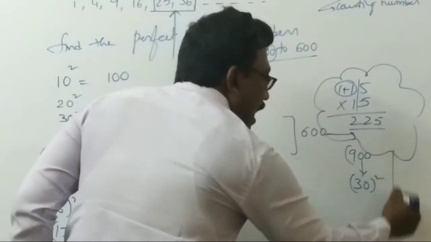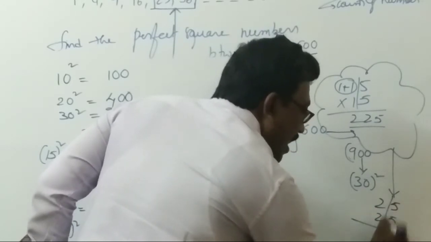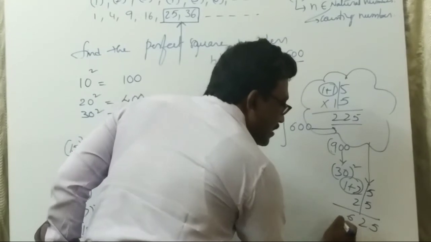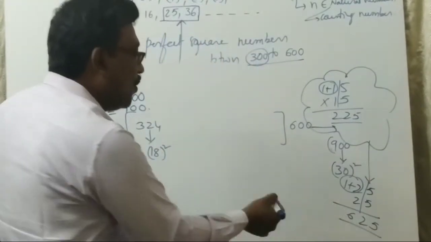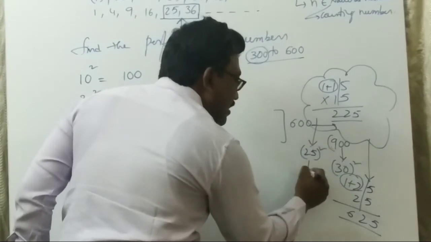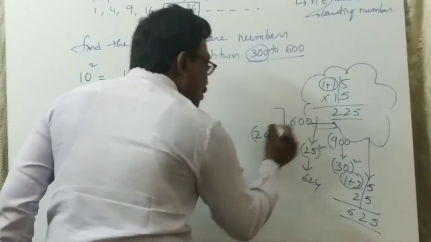Before 30, I am checking this rule once again. 25 into 25. 5 5s are 25. Add 1 to this number, then it is 625. So 25 square is 625. So definitely it will be now 24 square.